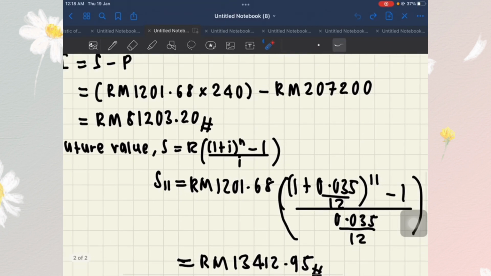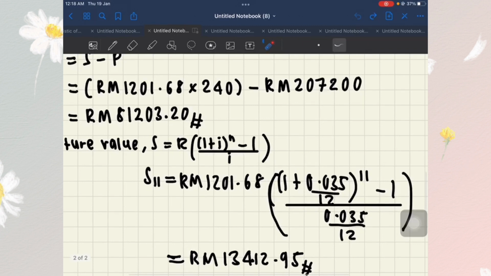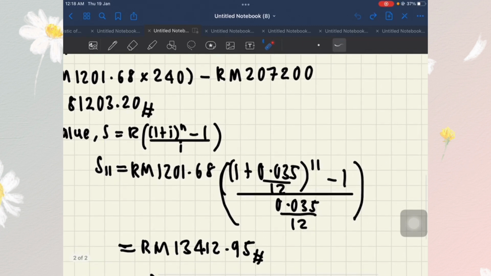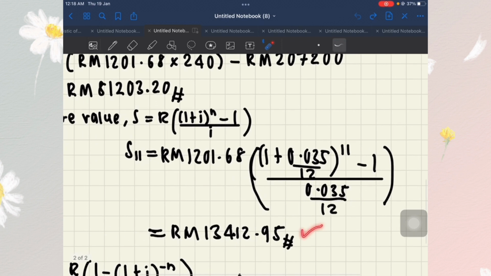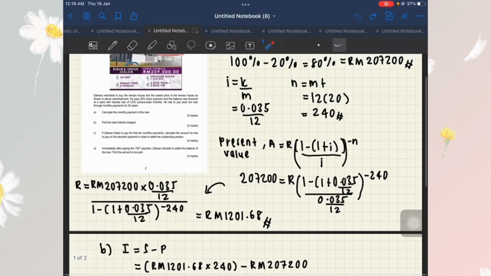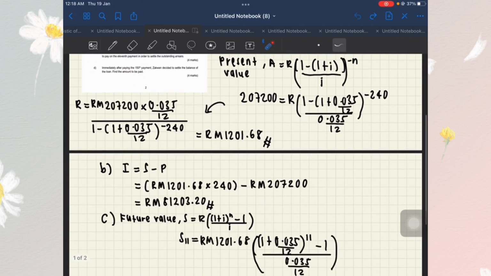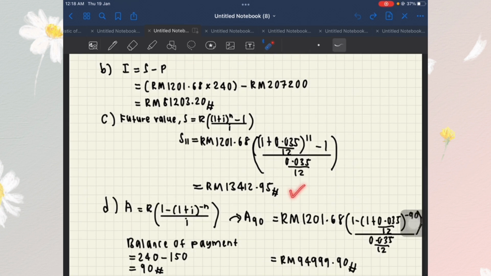R is the monthly payment, 1201.68, times bracket 1 plus 0.035 over 12, and n is 11 because the question asks for the 11th payment, minus 1, over the interest, which is 0.035 over 12. This is the final answer that we will get, which is 13,412.95. So this is the amount he had to pay on the 11th payment.